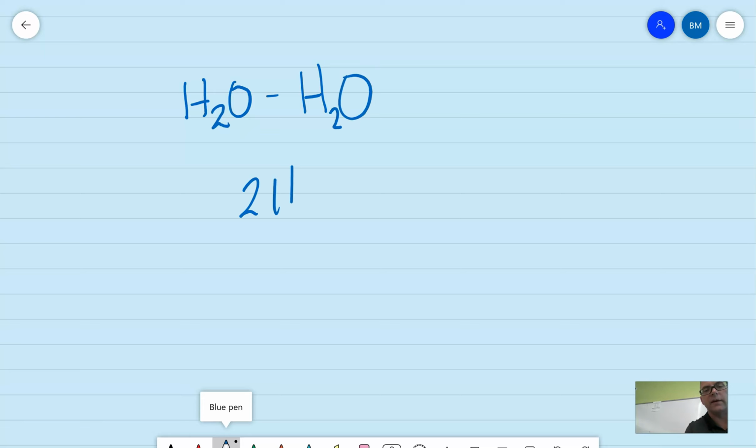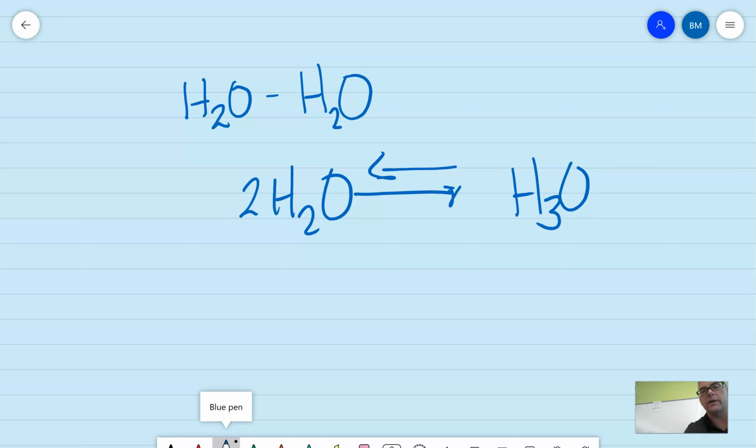So basically I have my two H2Os, and then we go through this reaction, and this one here is taking the extra hydrogen, and this one over here is missing that hydrogen. This is what we were looking at.